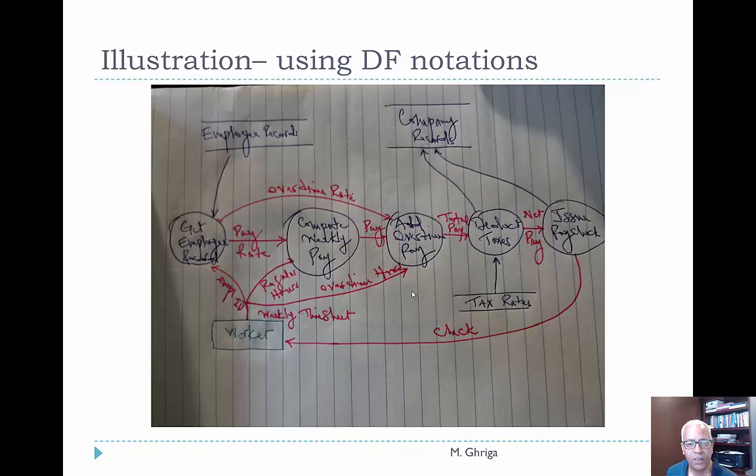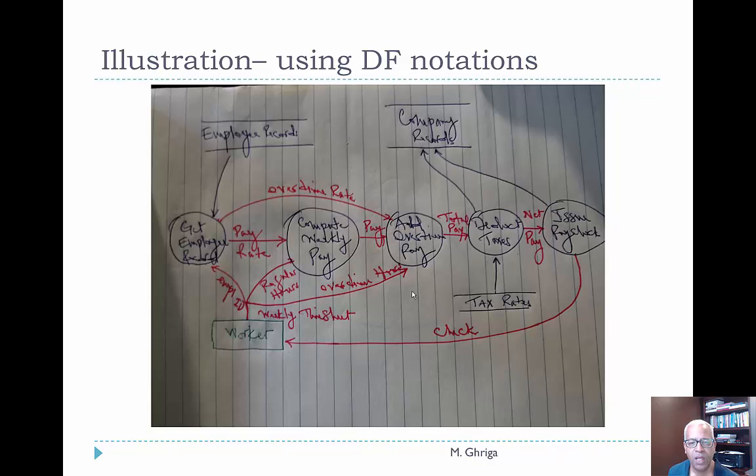So the worker is the only external entity interacting with the system. The primary input is the weekly timesheet, and the primary output that the worker will receive is the check. We're using three databases: the employee records, the company records, and the tax rates.